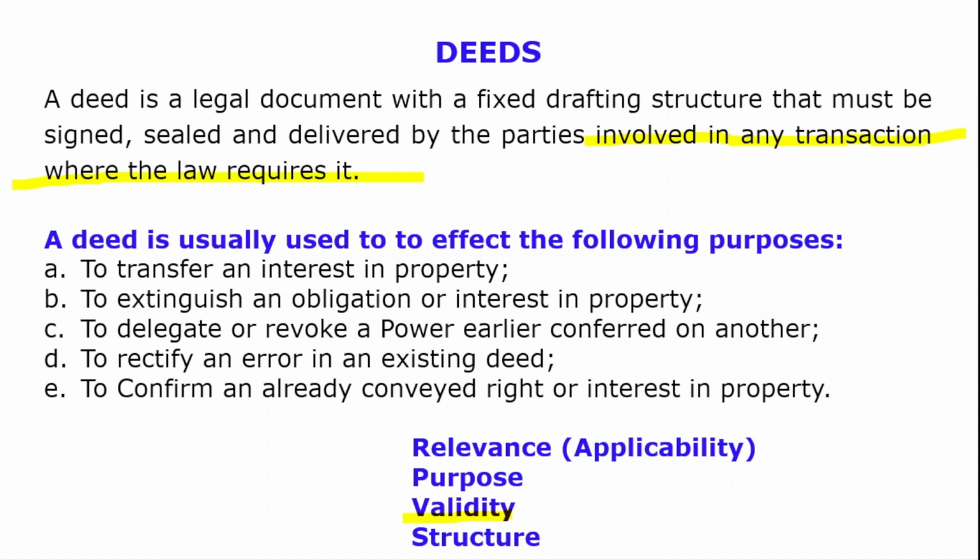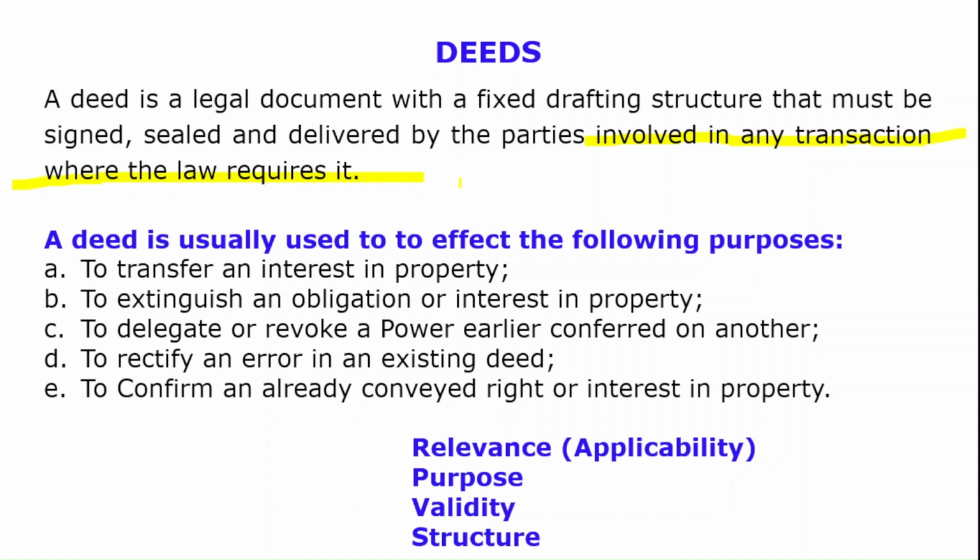So, as to validity of this legal document known as a deed, let me read the definition once again. In our definition, we learned that a deed is a legal document with a fixed drafting structure that must be signed, sealed, and delivered by the parties involved in any transaction where the law requires it.